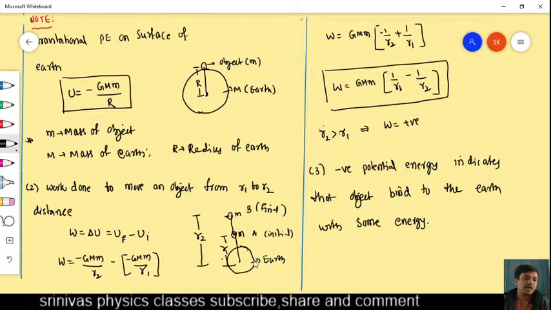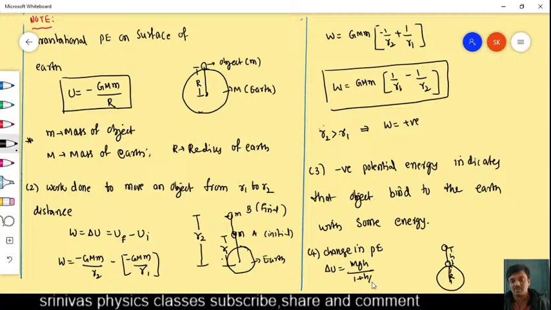Okay. And now the fourth point is that we derived the change in potential energy. For example, in the previous case also we derived it. Taking the object from the ground to height h, the change in potential energy we got is mgh by (1 plus h by r).